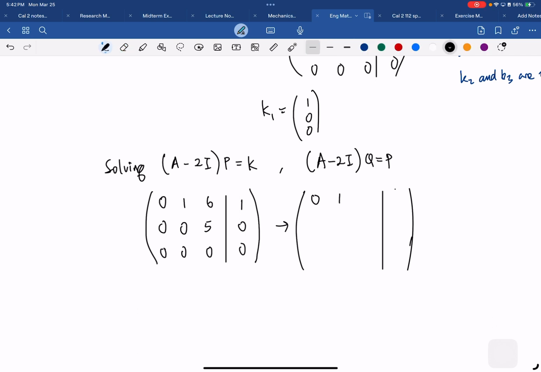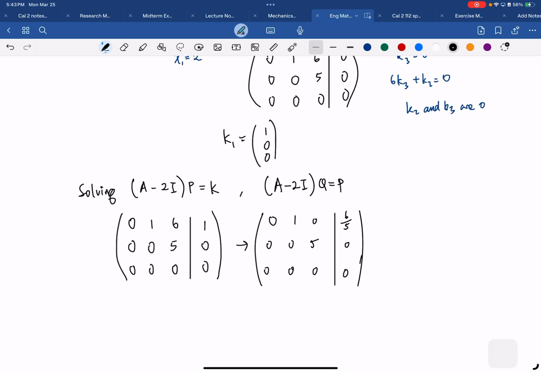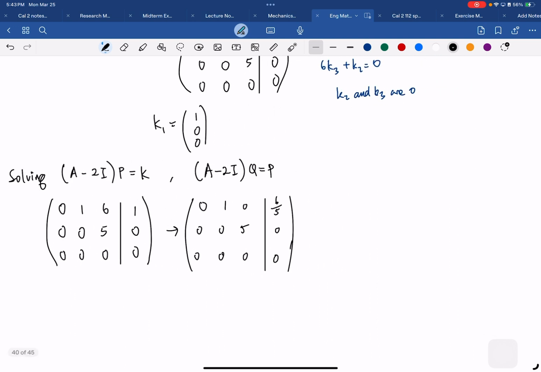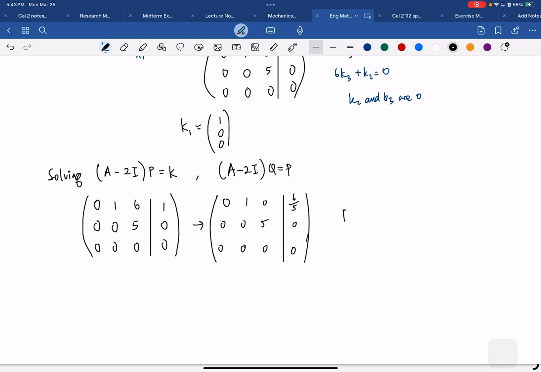So I will multiply the R1 with the 6 over 5 and then subtract row 2. So this will be that. Okay, for the P, you can have some combinations.